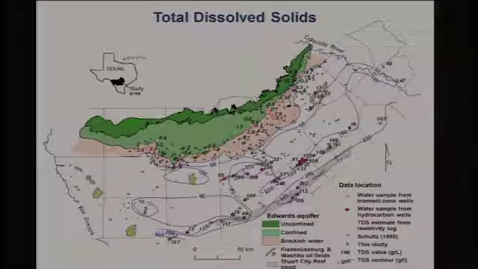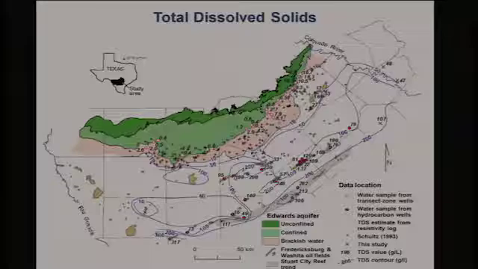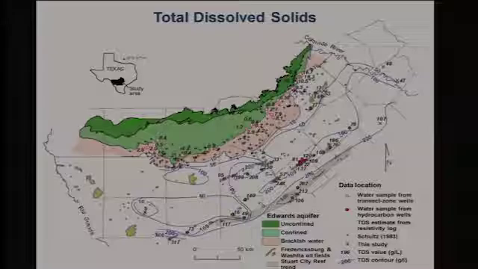And there's a few things I want to point out. First, we have these very high plumes or bubbles of TDS around the Karnes and Atascosa troughs. We're talking TDS in excess of 200,000 milligrams per liter. So that's pretty salty. For reference, seawater is 35,000 milligrams per liter.